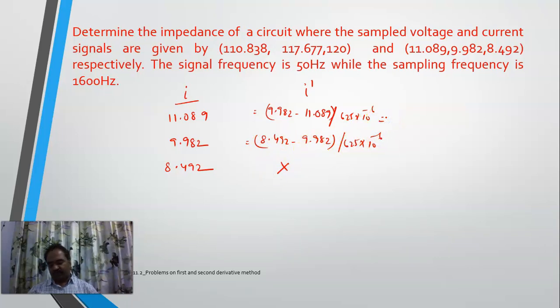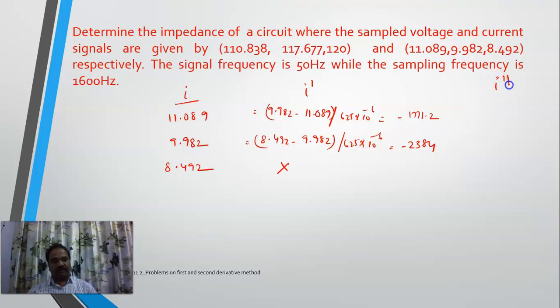So the first value is somewhere around minus 1771.2, and the second value is minus 2384.